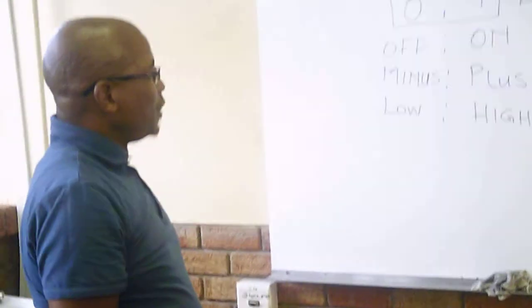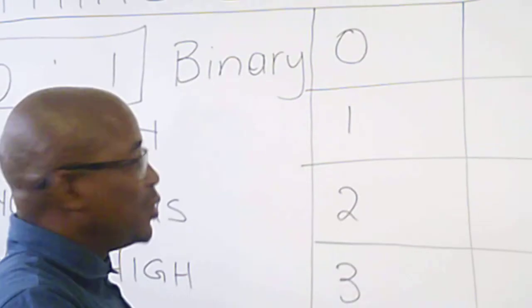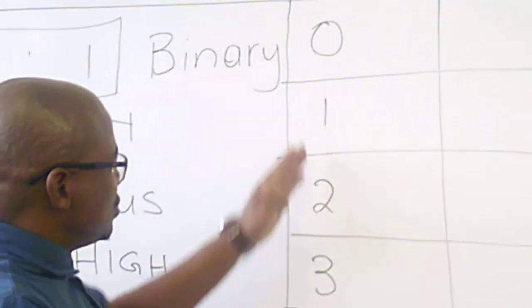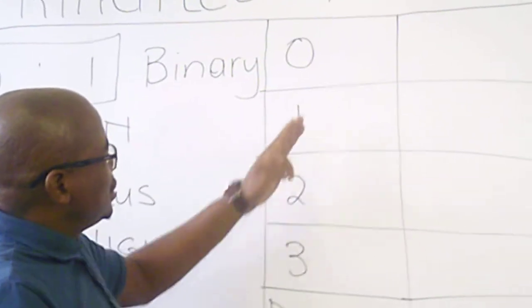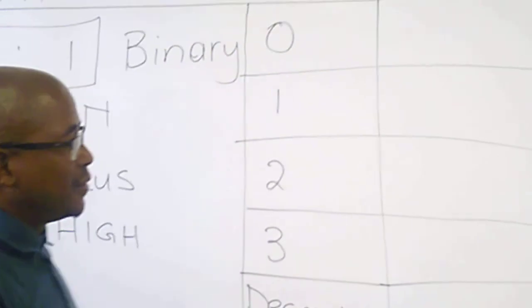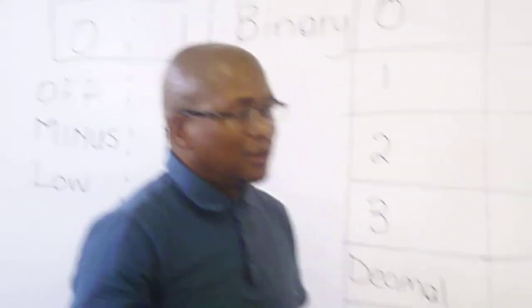But when we get into what they call binary, you don't read by starting with a 3, 2, 1, 0. You read the same way you read decimals. You start with 0, you come to 1, 2, and 3. But this is done with regards to your inputs.